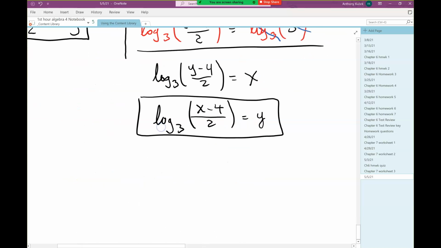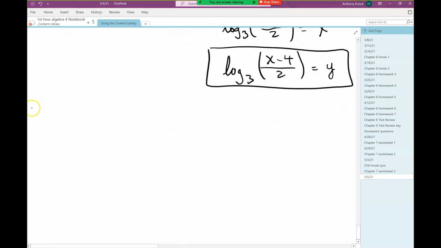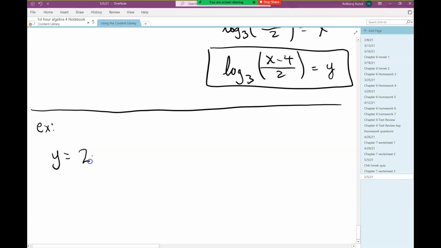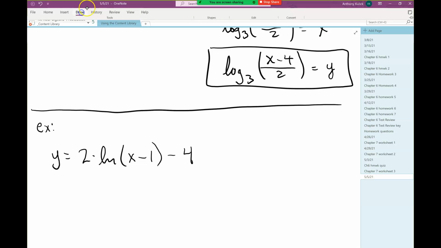Let's do one more. But this time, let's have a logarithmic equation. So what should we do first to get the x by itself?